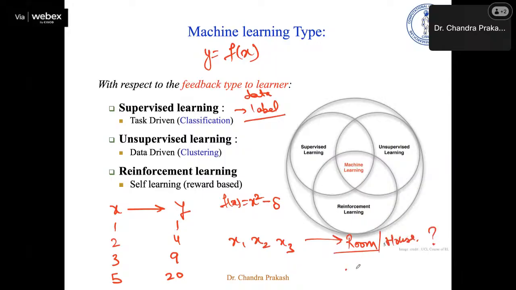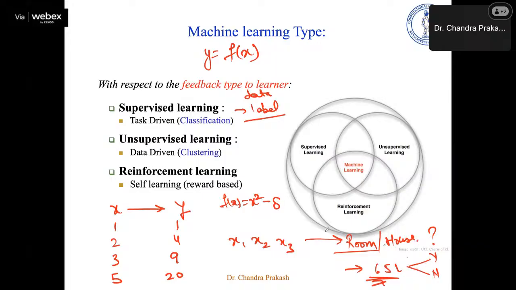Let's say it is 65 lakh. Based on that, I can also identify whether I will buy it or not, yes or no. The price problem is the regression problem, where I come up with a continuous value. Based on that, if I want to come up with some classes, like yes, no, healthy, unhealthy, that is part of classification.